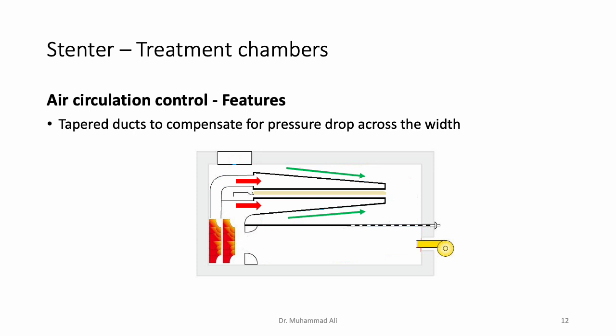But with the help of this taper, this is sort of a nozzle type arrangement, the air velocity is maintained, and that is why tapered ducts are used. So this is one feature to ensure uniformity of air circulation across the entire width of the fabric.